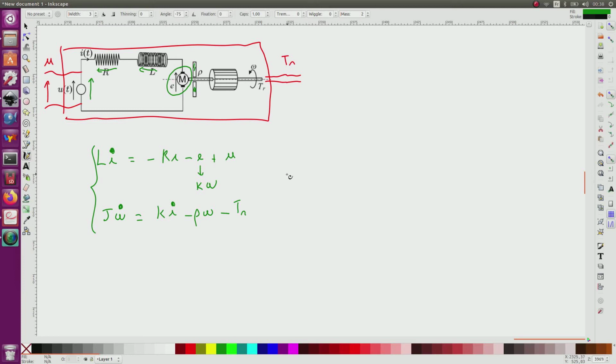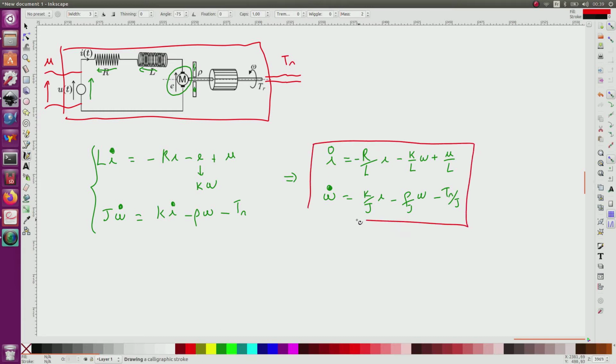As a consequence, I get the state equation, which tells me that the derivative of I, I write like this, is equal to minus R divided by L, I, so it's classical, minus kappa divided by L omega plus U divided by L. And here omega dot is equal to kappa divided by J I minus rho divided by J omega minus TR divided by J. Okay.